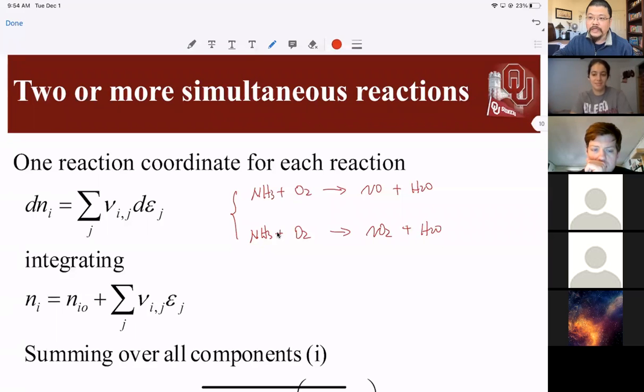So over here, we need to recognize the most important concept. When we are talking about the reaction coordinate, each reaction shall have its own reaction coordinate. So over there, we'd better understand this is the reaction coordinate 1. This is the reaction coordinate of 2.